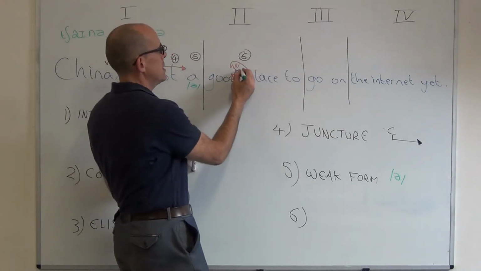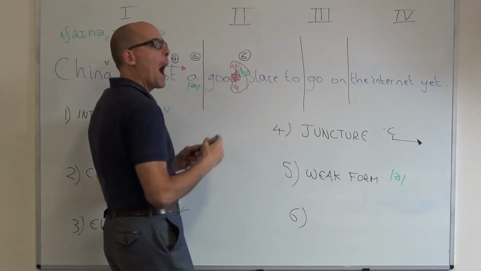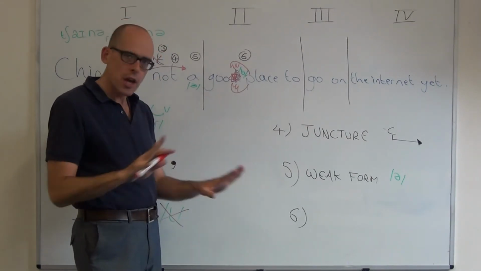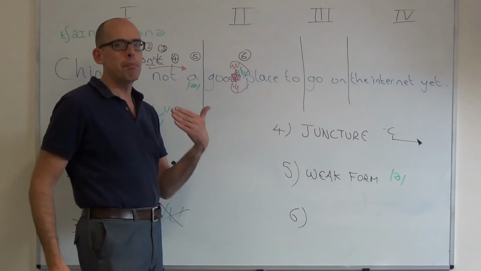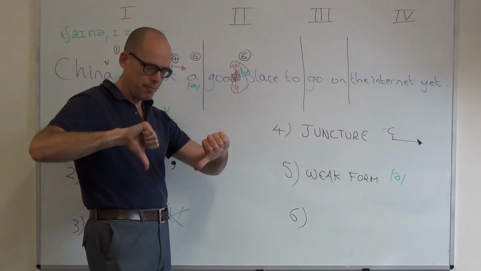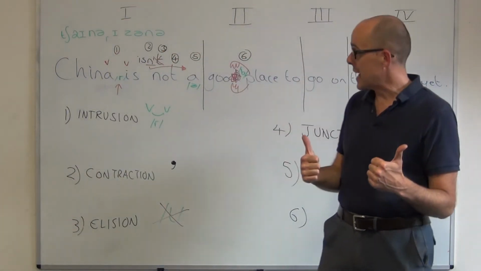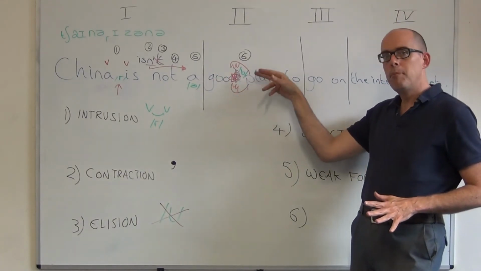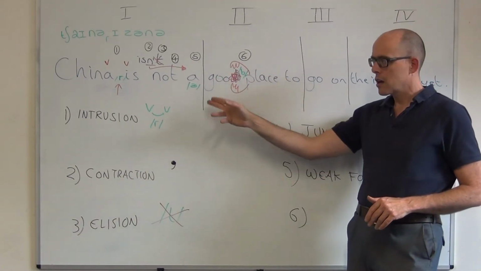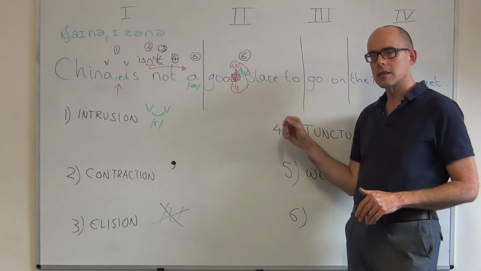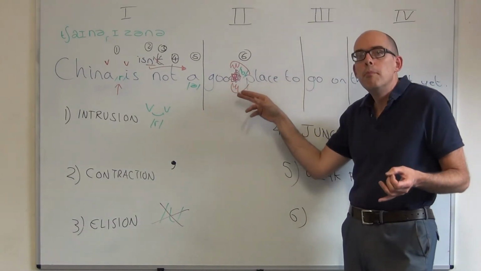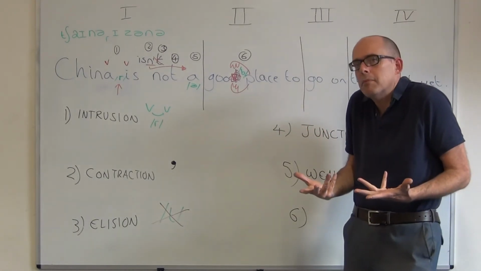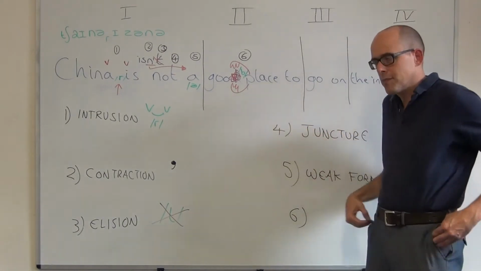And that sound here is b. So we don't say good place. No. But we do say, ready? Good place. Good place. Good. And it flows. It's much more comfortable, much more natural.